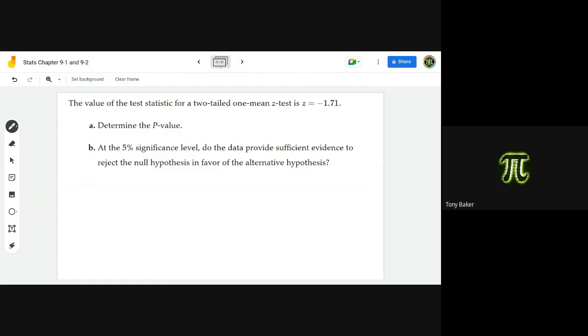All right, so what's my p-value? 0.0436. Okay. So at the 5% significance level, are we rejecting or not rejecting?